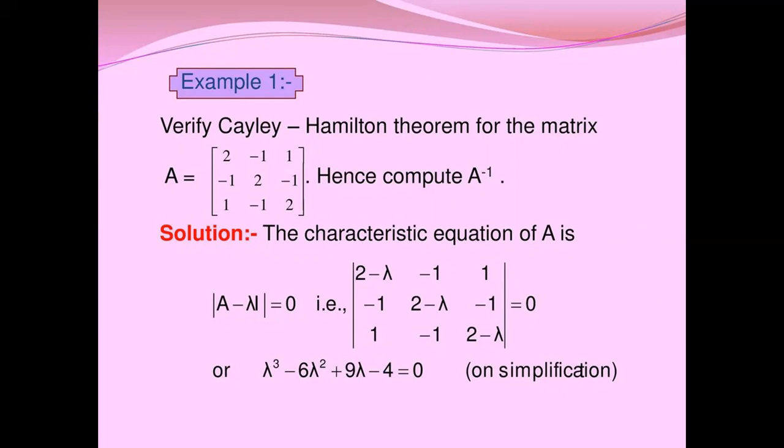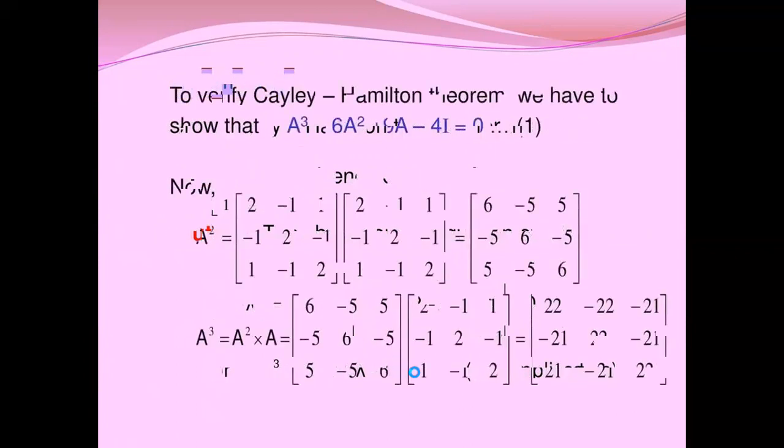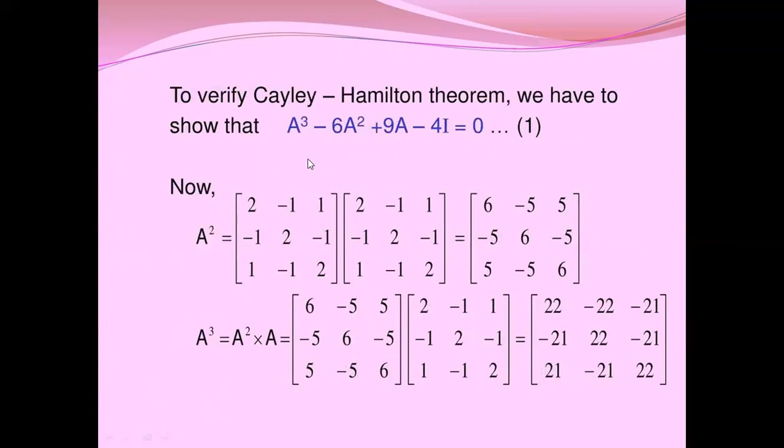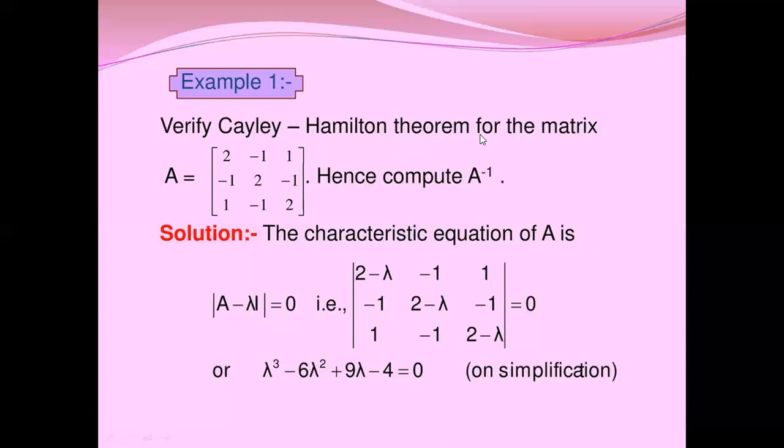On simplification of this, we get lambda cube minus 6 lambda square plus 9 lambda minus 4 equal to 0. To verify the Cayley-Hamilton theorem, we have to show that A cube minus 6A square plus 9A minus 4I equal to 0. We just have to substitute A in place of lambda.